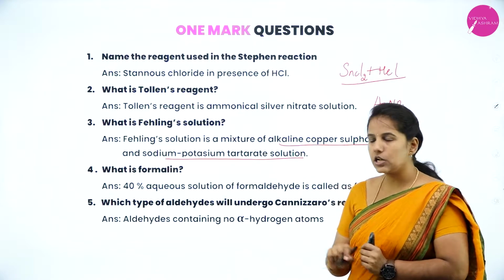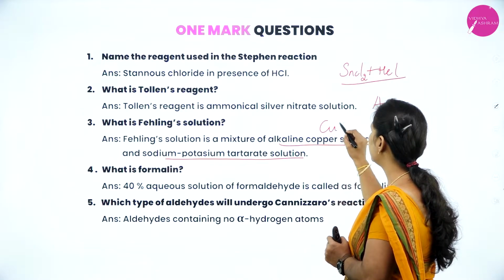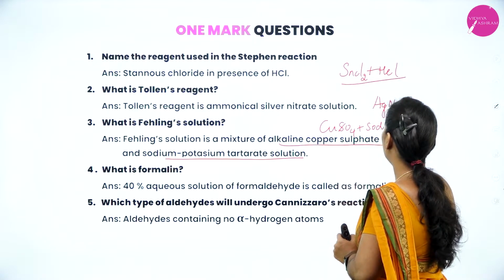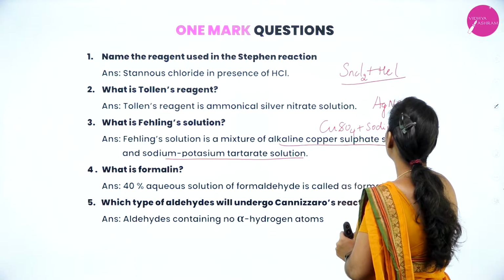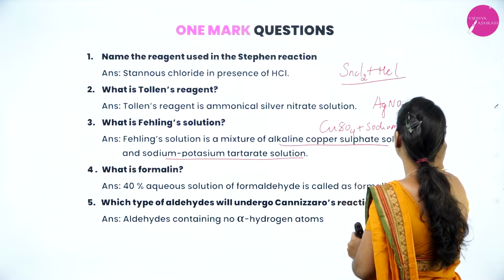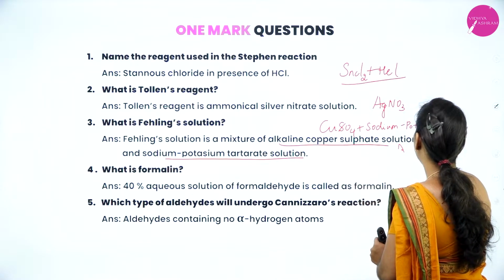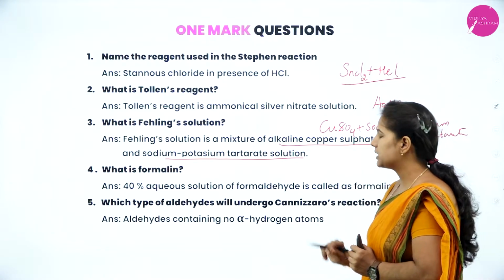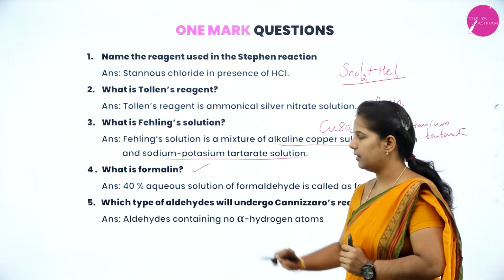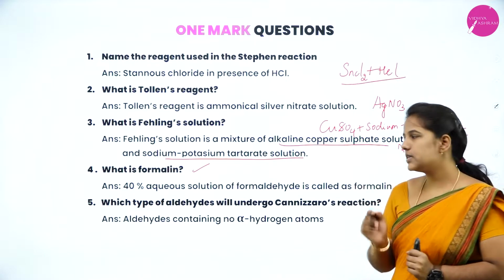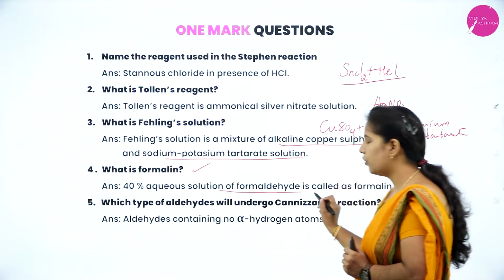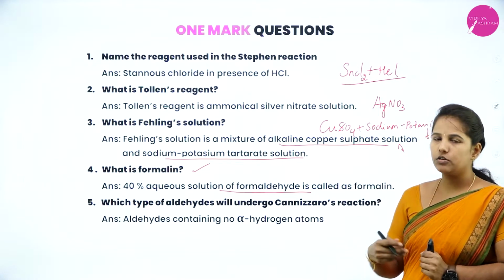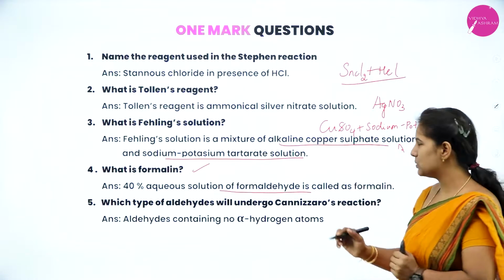It is an alkaline solution of copper sulfate with sodium or potassium tartrate. Next, what is formalin? We all know that a 4% aqueous solution of formaldehyde, which is an aldehyde, is used to store specimens.